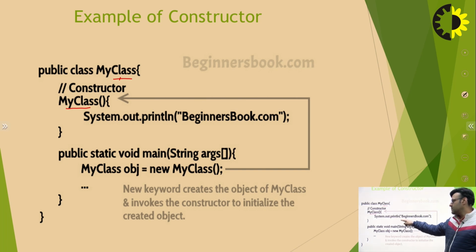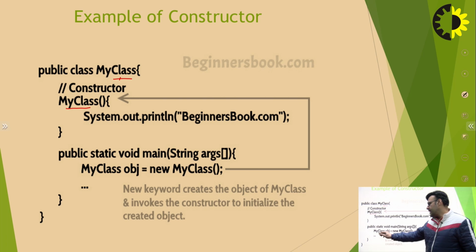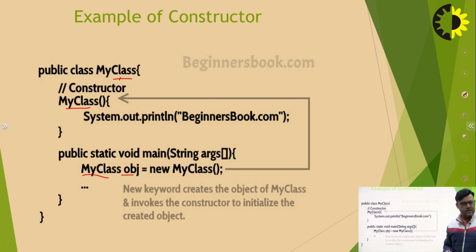I have written System.out.println beginnersbook.com, for example. Then I have made a main method, public static void main(String args). I have created an object of that class, MyClass obj, with the help of the new keyword.